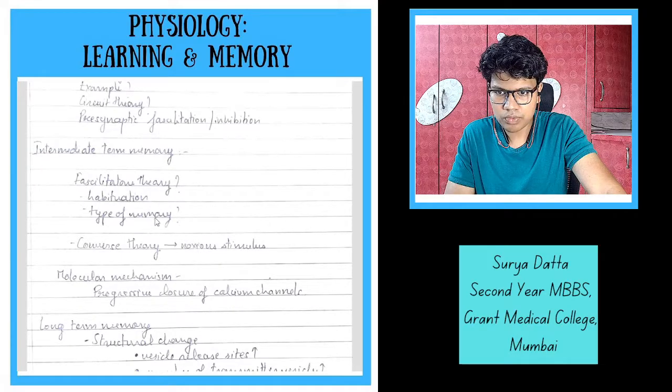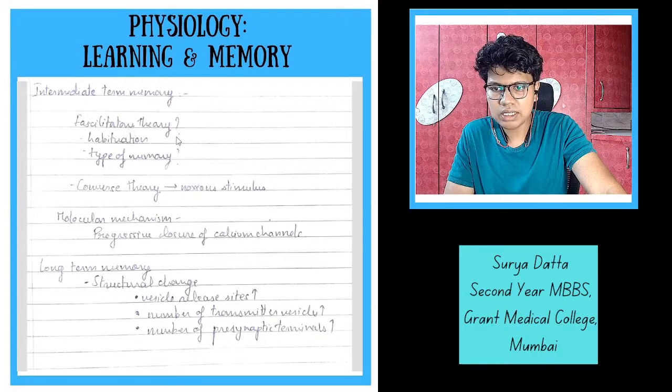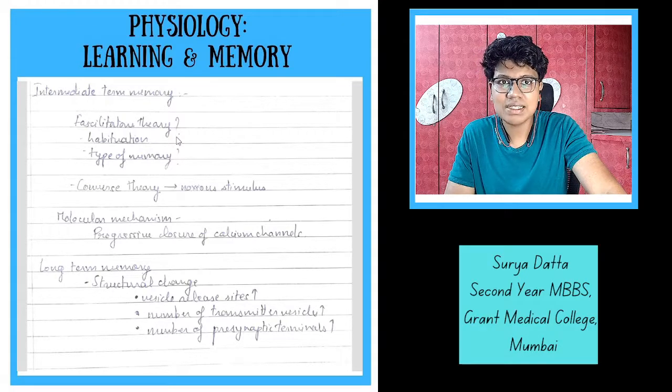Okay, where were we? Yeah, here we are. So facilitation theory is basically the theory that if a noxious stimulus is given, the facilitator terminal will get activated, which will cause easier passage of the signal, right? Now, the converse theory is just the non-noxious stimulus thing.